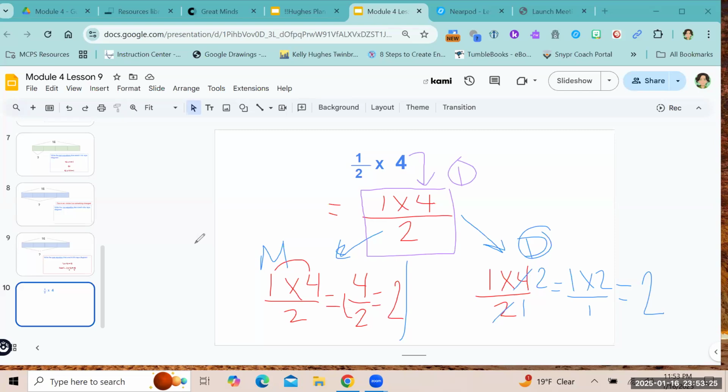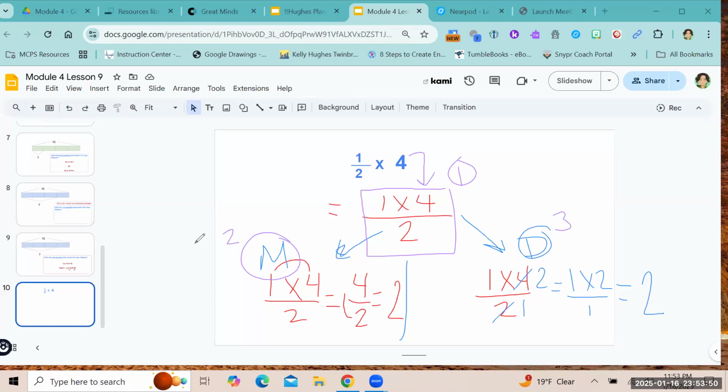The first thing you're going to do is write the problem again with everything in the numerator. Okay? The second thing you're going to do is you're going to show me what would happen if you were to multiply first. And the third thing you're going to show me is what's going to happen if you divide first.